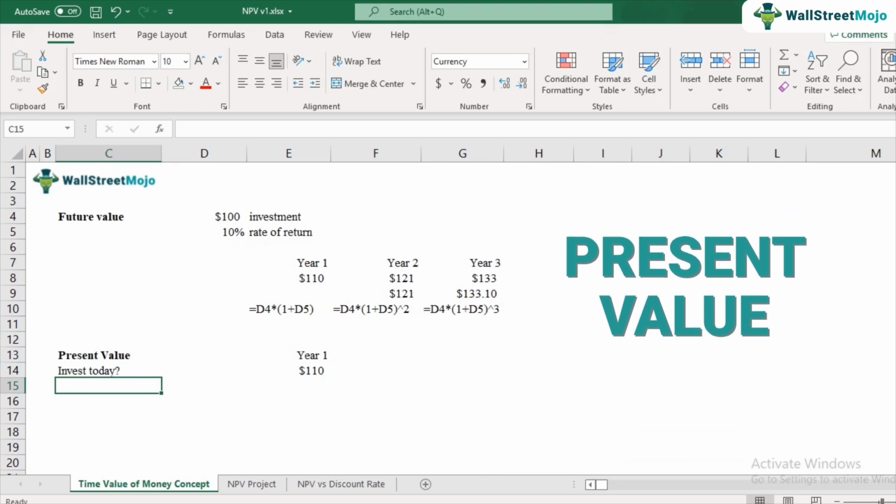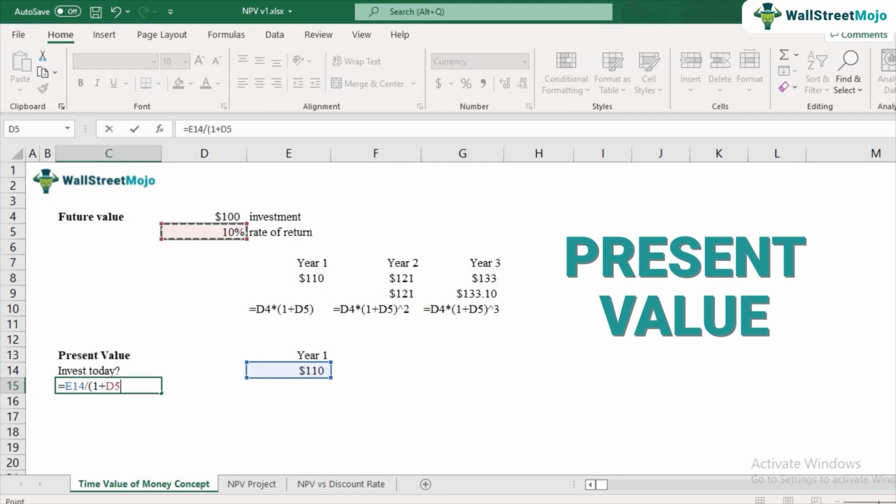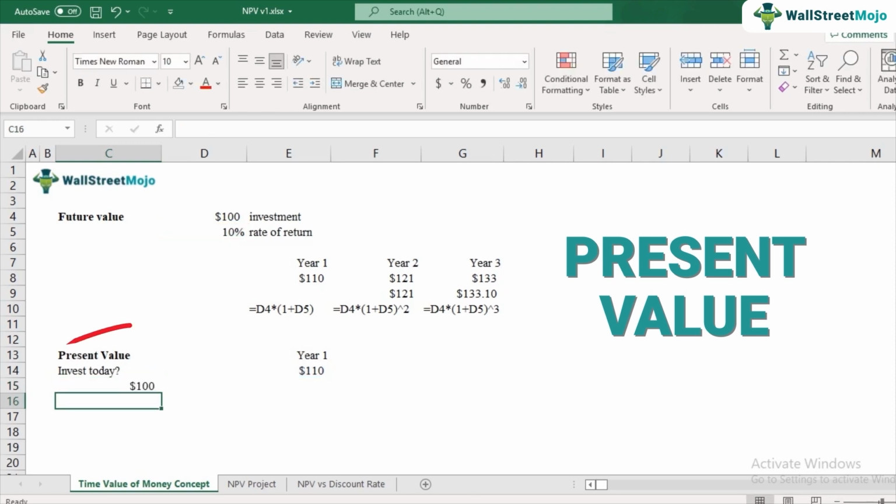The formula is nothing but equal to the desired amount at the end of first year, and you divide this by 1 plus your 10%, okay? So in this case, you remember in future value, we multiplied the original investment by 1 plus the rate of return. In this case, it's exactly the opposite. We are dividing it by 1 plus 10% and we get the answer as $100.